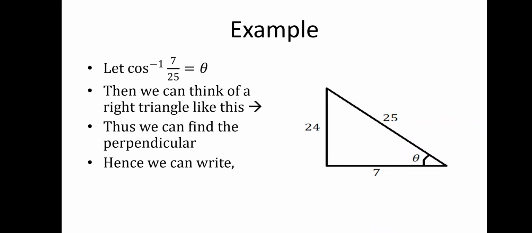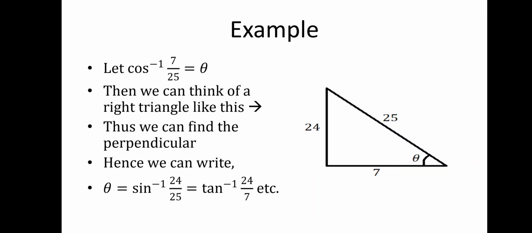So once we have found it, then instead of cos inverse 7 by 25, can I not write theta as sine inverse 24 by 25? Because I know sine inverse is perpendicular by hypotenuse. So theta can be written as sine inverse 24 by 25, or in case of tan, I can write tan inverse 24 by 7, that is perpendicular by base, and so on. So this was the first property.